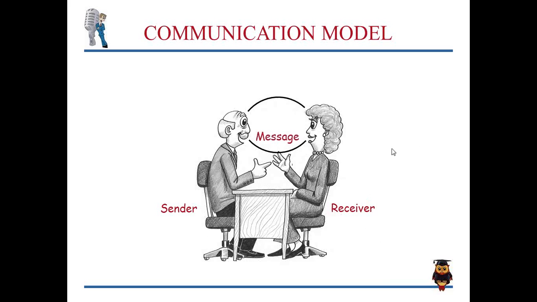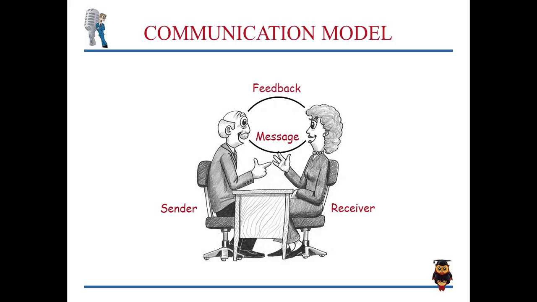Now it's important that the sender ensure that the message is accurate. The receiver has responsibility for taking the message and processing it. Once they have processed it, they provide feedback. That feedback may be verbal feedback, or it may be nonverbal feedback.